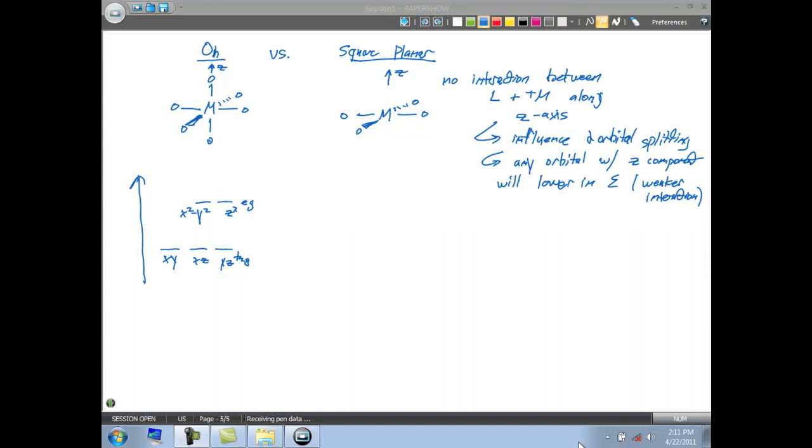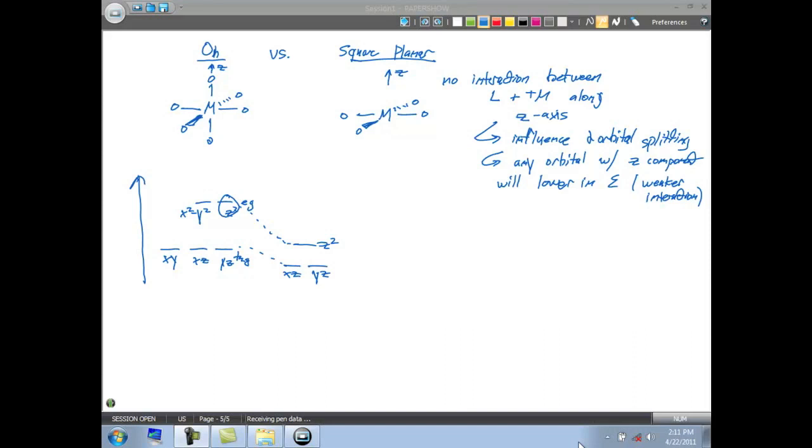Anything with a z component is going to have a weaker interaction. So our dz squared orbital is going to drop down fairly low in energy, and our dxz and dyz, relative to an octahedron, will also drop down in energy.